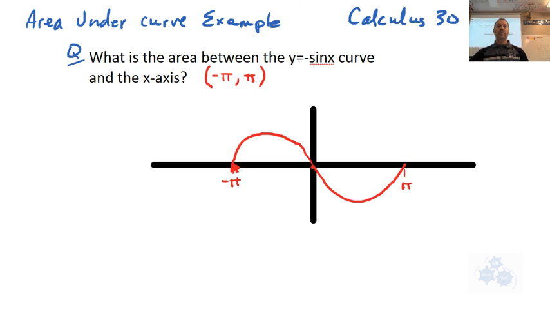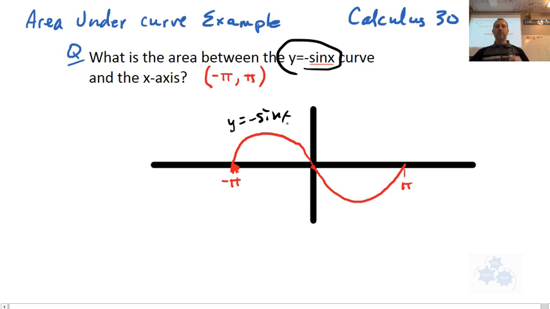Now, if you recall what we just talked about, any area under the curve, which is given here, so this is y equals negative sine x, the area under the curve and above the x-axis will be positive. We're going to have a positive area when we do this. The antiderivative evaluated at the right boundary, which we always said was b, minus the antiderivative evaluated at the left boundary.